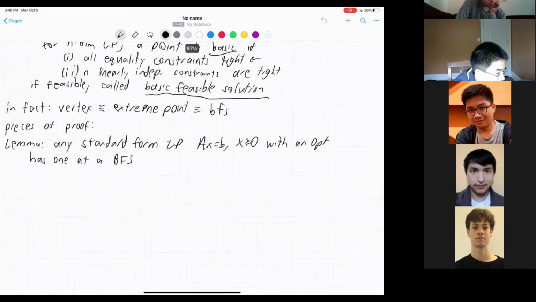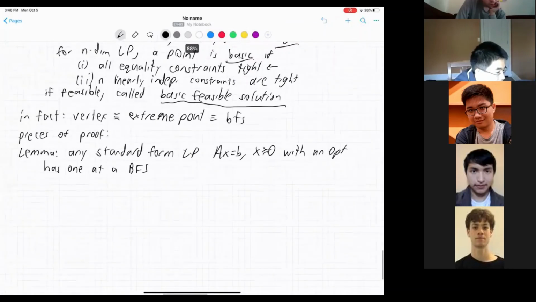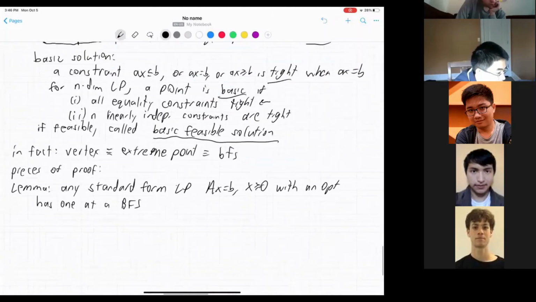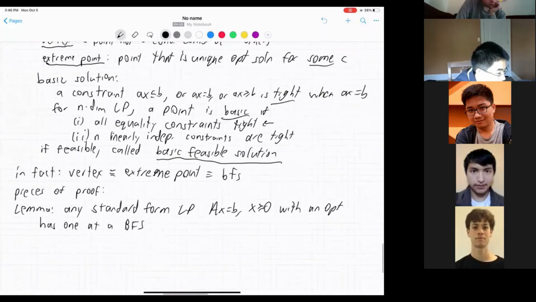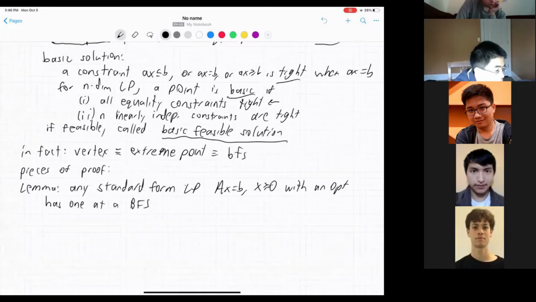Okay. So the first step towards understanding optima is to say that when there is one, it's at a basic feasible solution.